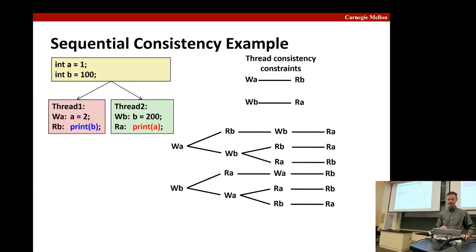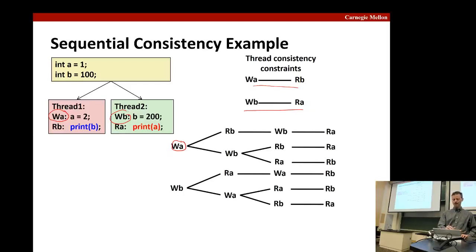What this shows here for this exact same program is all the possible combinations of things that can happen. Because of the thread consistency ordering, the ones that have to take effect first are the first operations of each thread, one or the other. Let's suppose the write of A was the first to take effect.